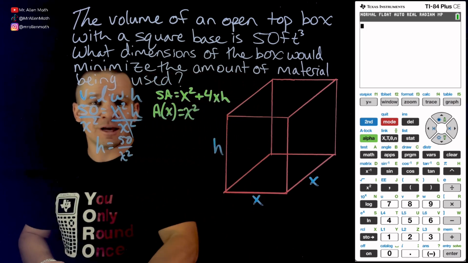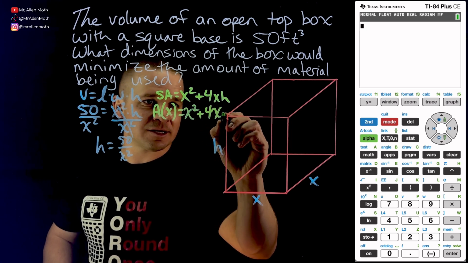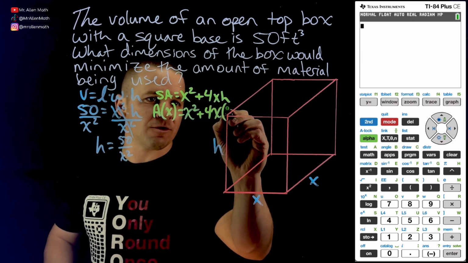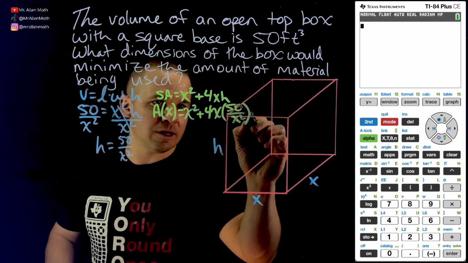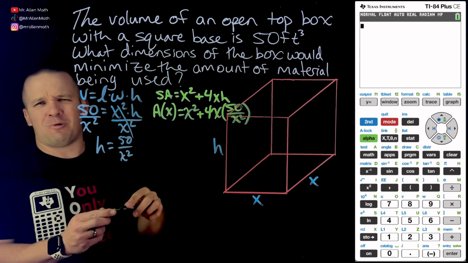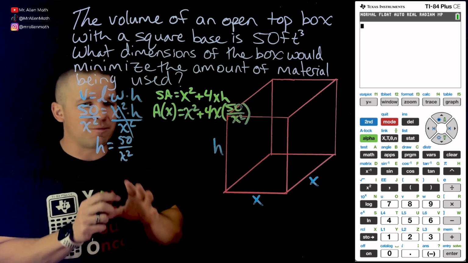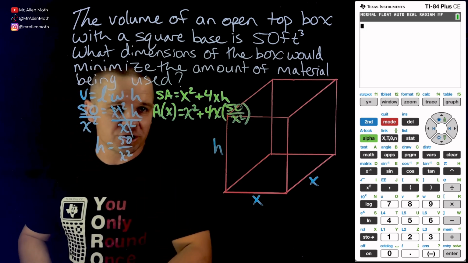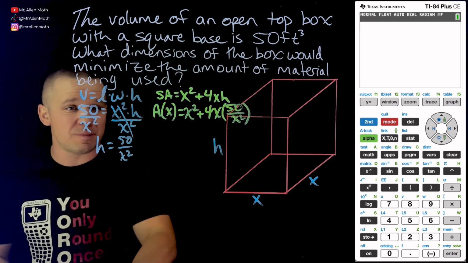I absolutely can. I will have plus 4X, and then in parentheses, 50 over X squared. So I'm going into the open top box there a little bit with my writing. But we have a nice, wonderful function right now that we can leave as is. You can also clean it up. Some teachers may want you to clean that up.